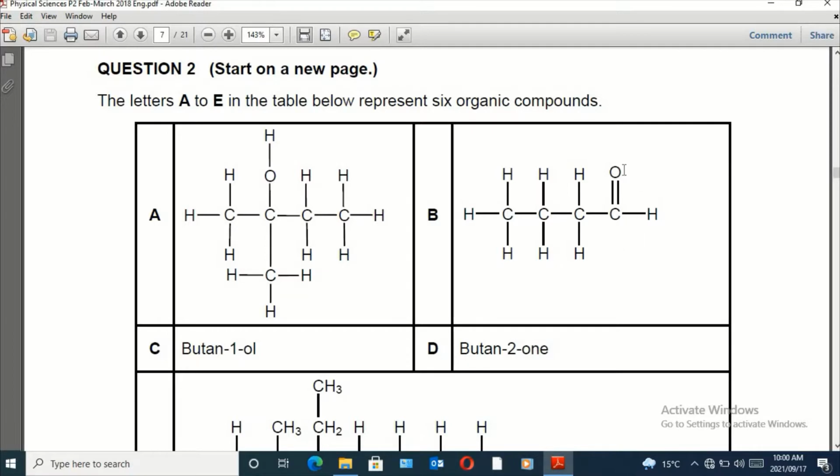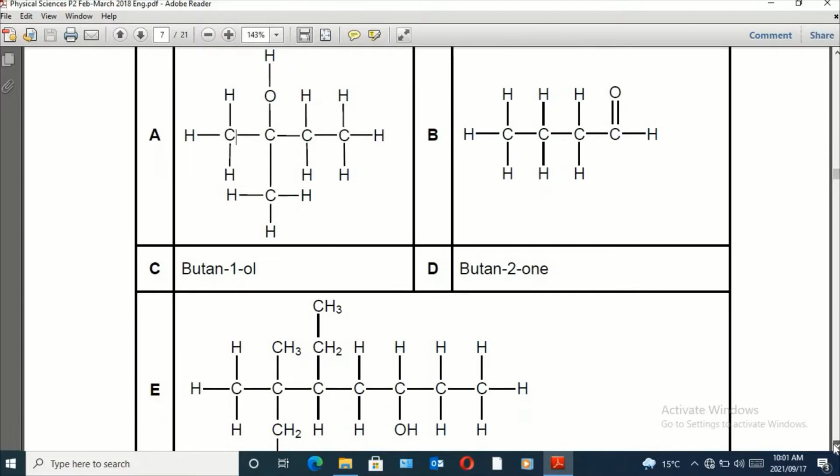So how you identify an aldehyde is that there is only one hydrogen attached to the carbonyl group. As you can see, we have the C with a carbon to oxygen double bond, and then it's connected to one hydrogen at the end. So we know that that is an aldehyde.